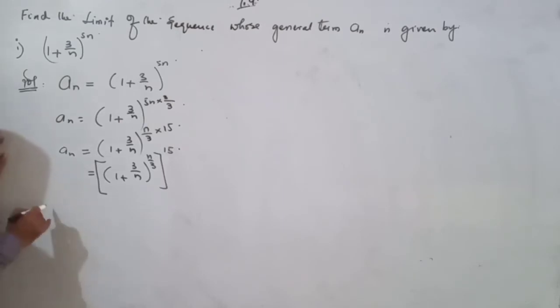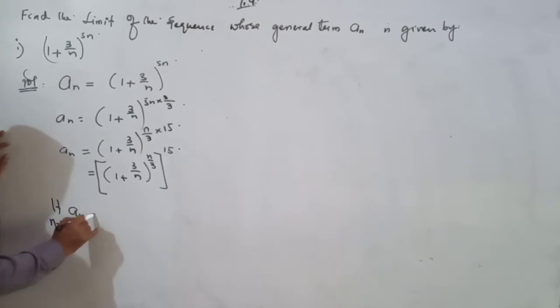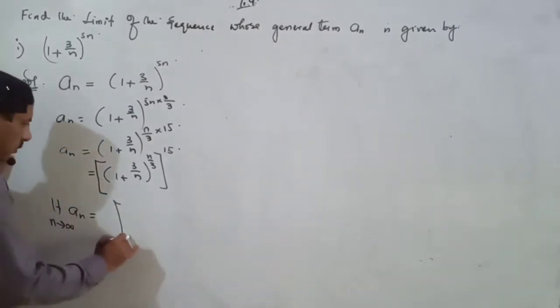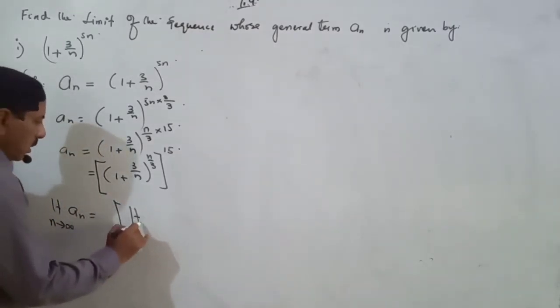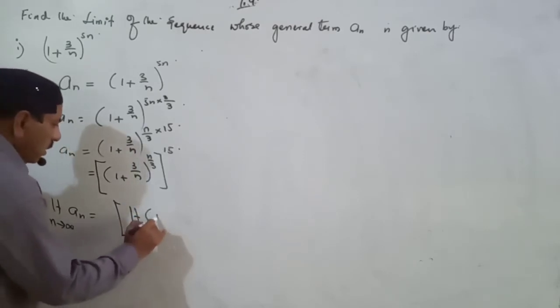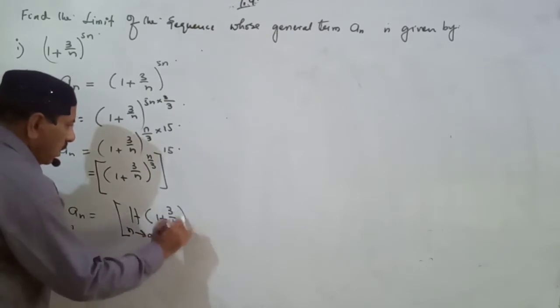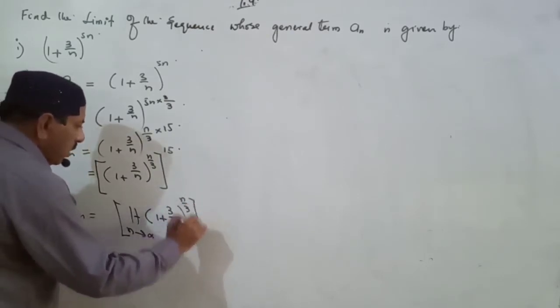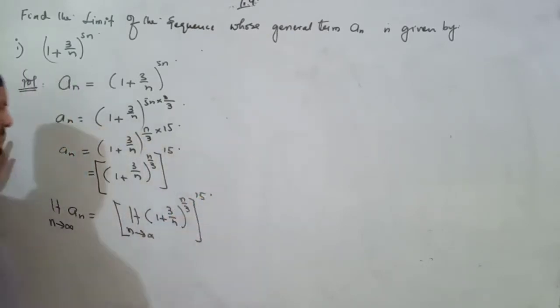So limit n tends to infinity a n is equal to limit n tends to infinity (1 plus 3 upon n) power n upon 3, whole power 15.